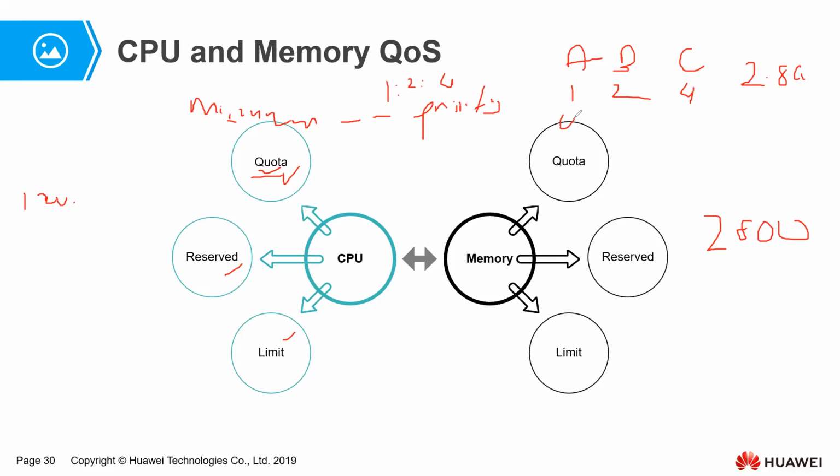While B will have another quota of 2,000.